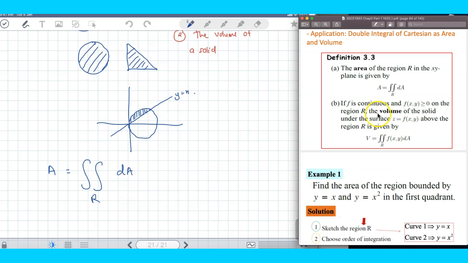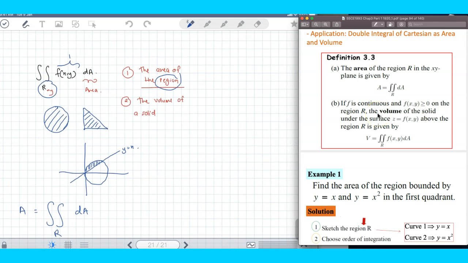Now about the volume. For the second one, to get the volume of the solid, you must have a solid, but you cannot get the solid from the R. I rewrite the general form of the double integral.